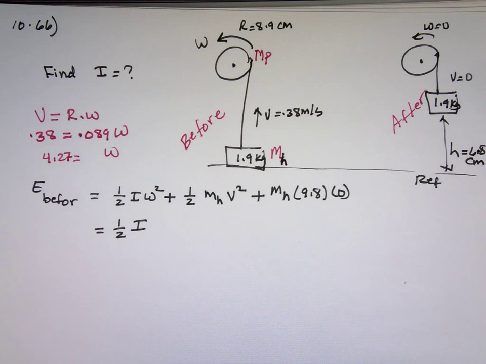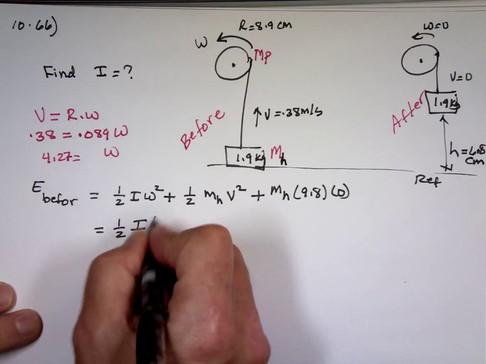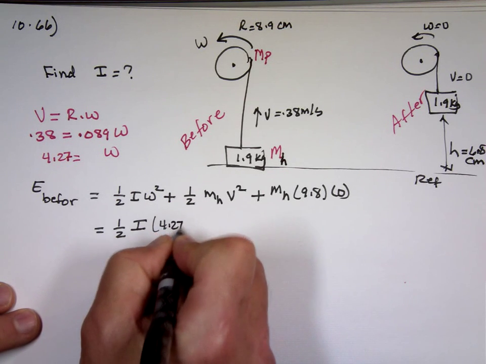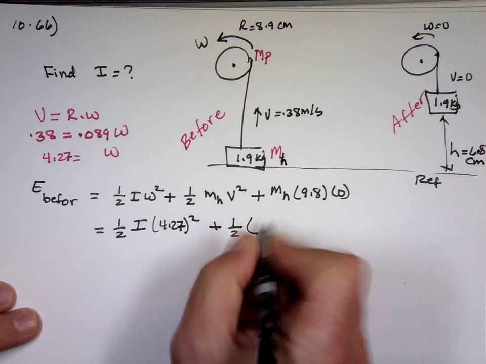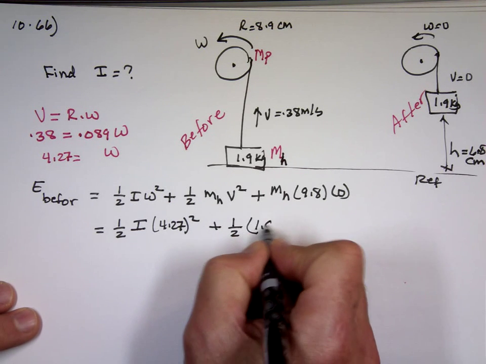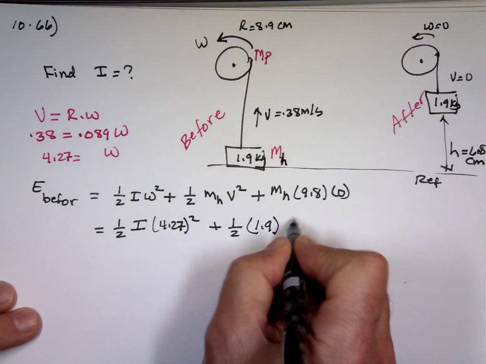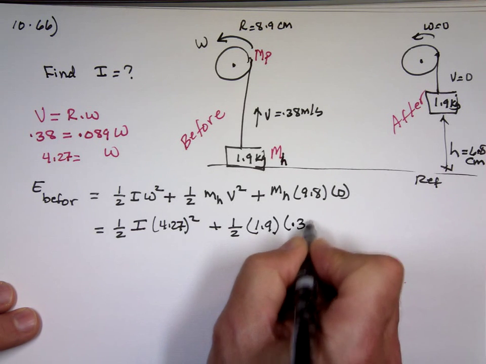So I times 4.27 squared, plus 1/2 times the hanging mass, which is 1.9, times the velocity squared, which is 0.38 squared, and the last one is 0.